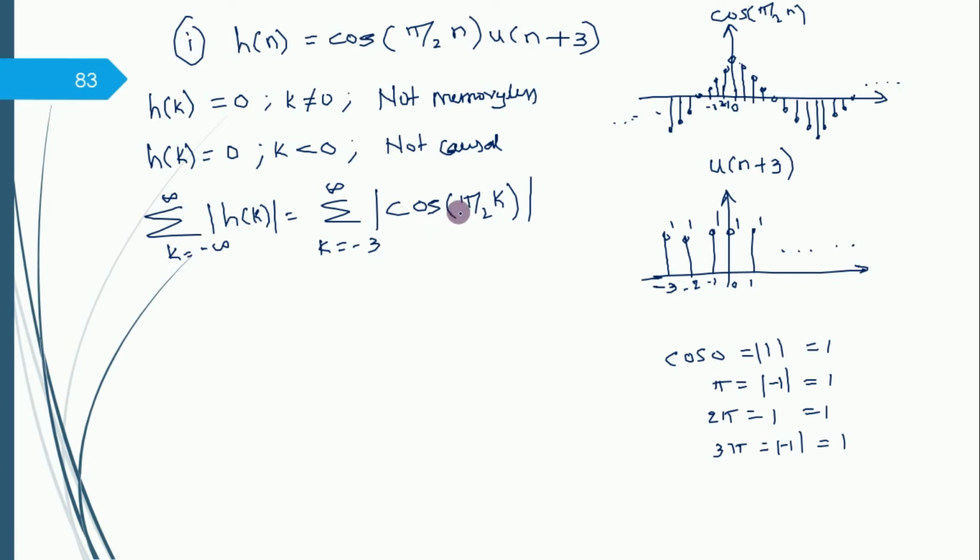At some points, for example for k equal to 1, cos pi by 2 will go to 0, but there are many values of k wherein cos of pi by 2 into k will result in 1. So it's as good as adding 1 for an infinite number of times in the summation. If you add 1 for an infinite number of times, it will definitely result in infinity. Hence, the system is unstable. Okay, so this is how your analysis should go on.